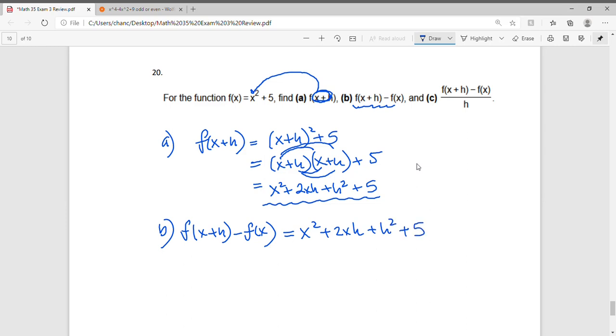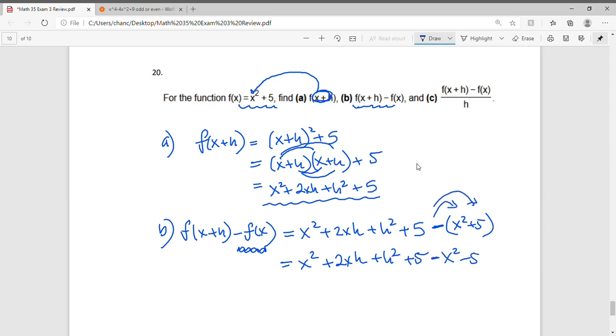Now the next part of it is to subtract f of x. That means I'm going to subtract the entire f of x function. That's x squared plus 5. We'll have to distribute the negative. That's negative x squared minus 5.